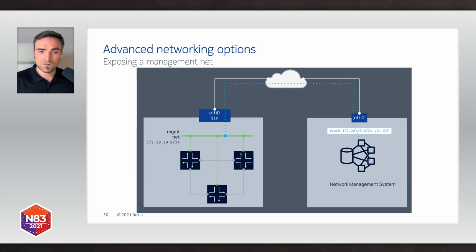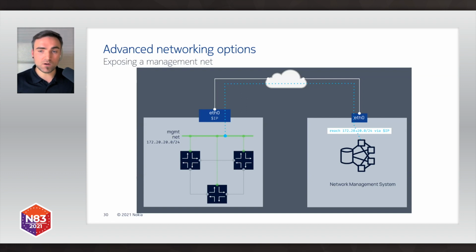The user story goes like this: we have a network management system that is deployed somewhere in your network, and we want to make this system reach the nodes that you deployed with Containerlab. One of the ways you can do that is to create a route on the machine that hosts your network management system.